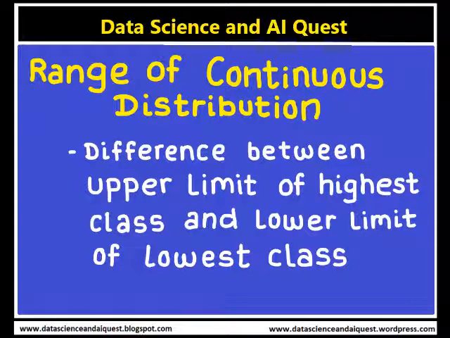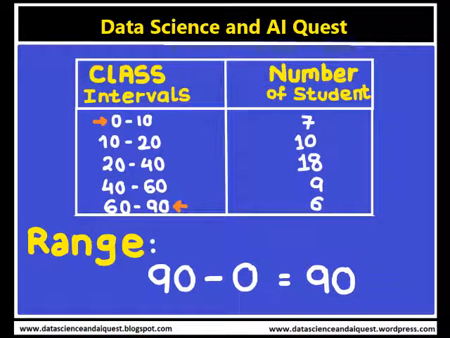And I repeat, the range of a continuous distribution gives us the difference between the upper limit of the highest class and the lower limit of the lowest class. So first, to calculate the range, we have to find the upper limit of the highest class and the lower limit of the lowest class. In this example, the lowest class is 0 to 10 and the lower limit of this class is 0, and the highest class is 60 to 90, and the highest element is 90.